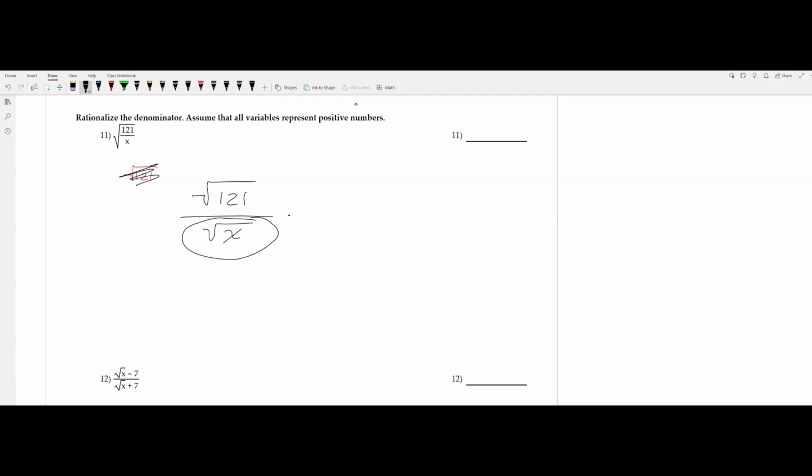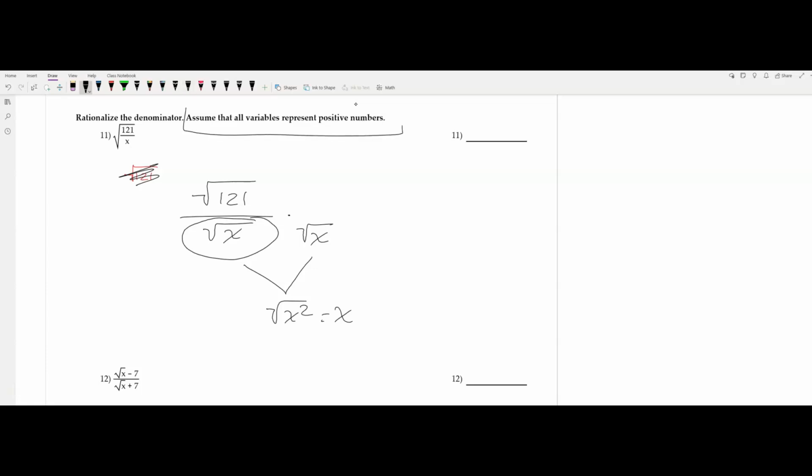So, for example, if I multiply the bottom by the square root of x, the square root of x times the square root of x is the square root of x squared. And we know that the square root of x squared is positive x. Here, assume that all variables represent positive numbers. That's why I don't have to put the absolute value, because I know that x is always positive.